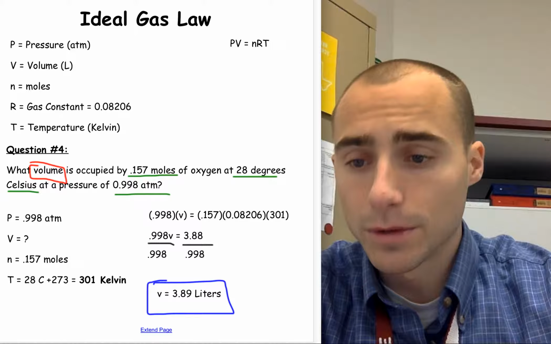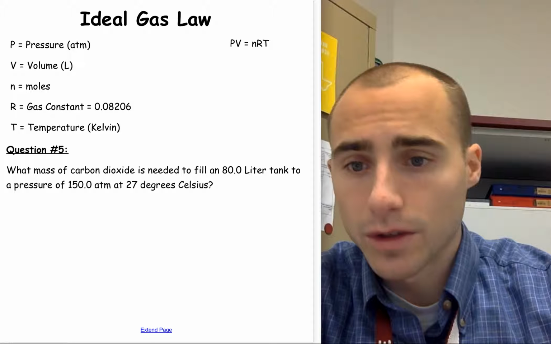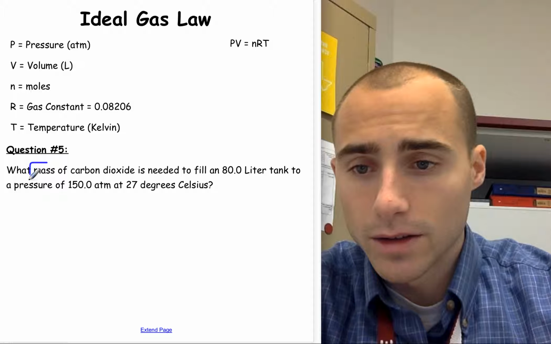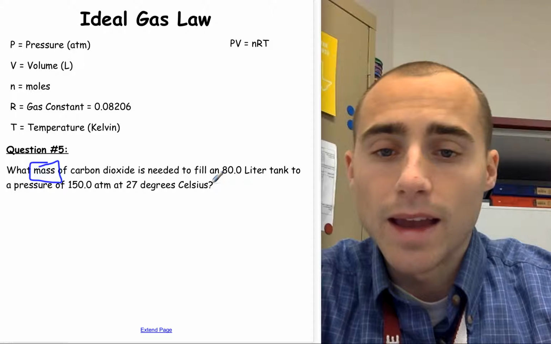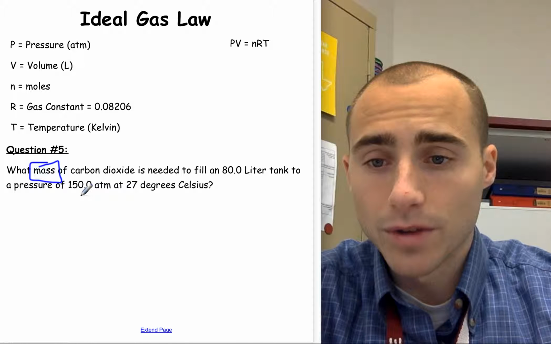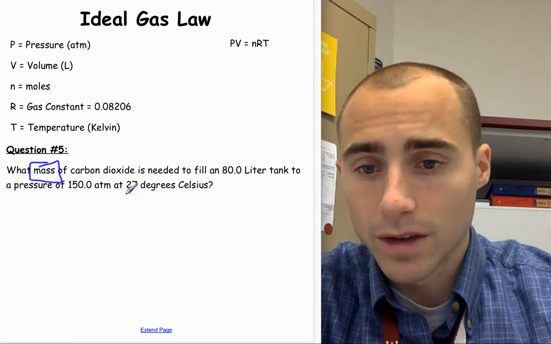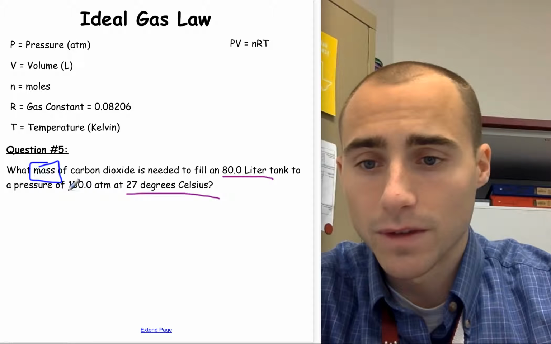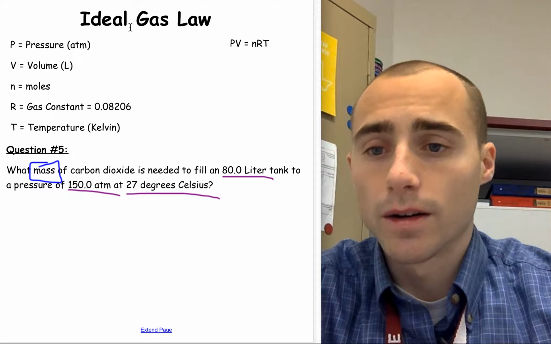We have two more examples here. Question number 5, same thing. Let's look through and see what we're solving for. So it says, what mass of carbon dioxide is needed to fill an 80.0 liter tank to a pressure of 150 atm at 27 degrees Celsius? So let's underline what we have here: 80 liter tank, 27 degrees Celsius, 150 atm, and then let's go ahead and write it over here.